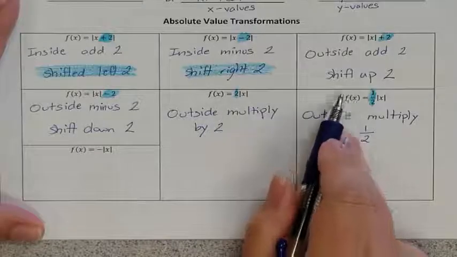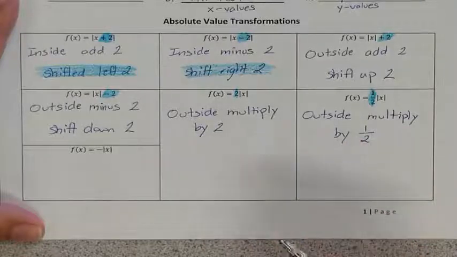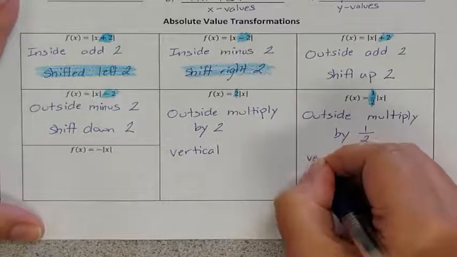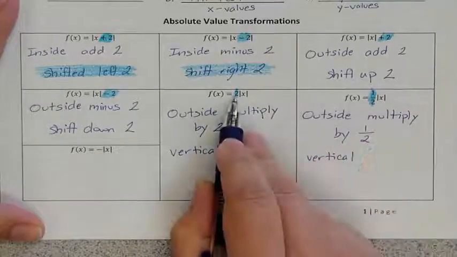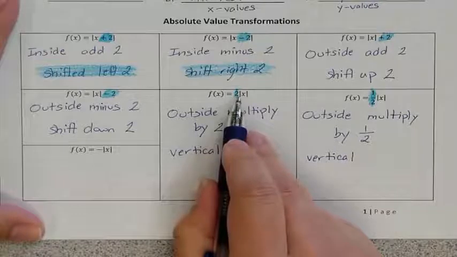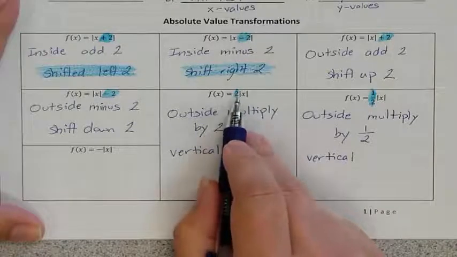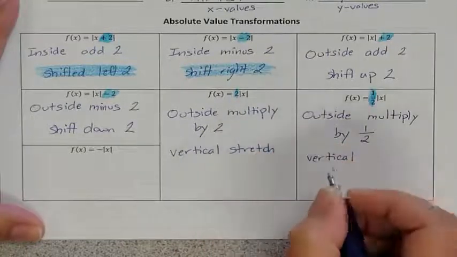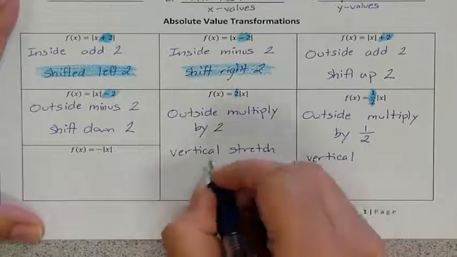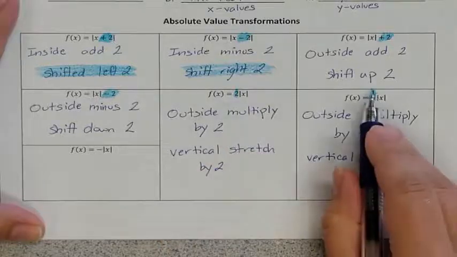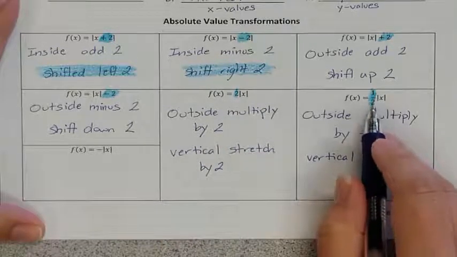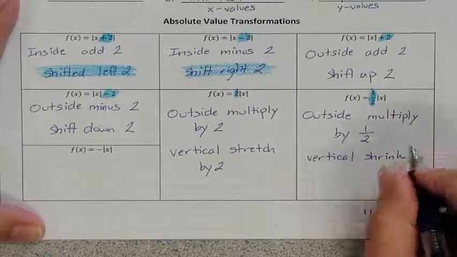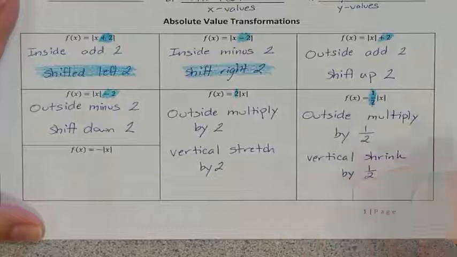Multiplying on the outside tells me I'm doing a vertical something. If I multiply things by 2, that means I'm going twice as fast, which means I need to stretch twice as far. So this is a vertical stretch by 2. If I was multiplying everything by a half, I was going at half the rate, which means I was shrinking. So this is a vertical shrink by 1/2.